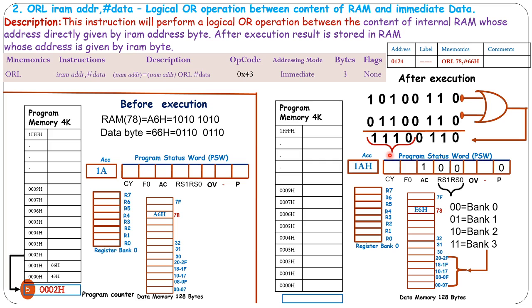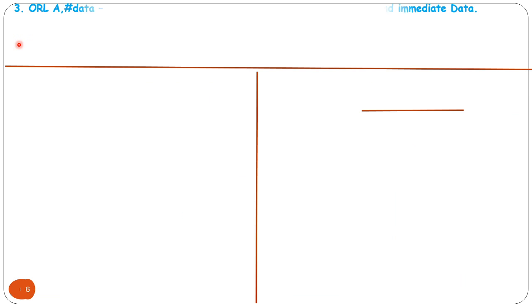So this gives us the hexadecimal number: for binary 1110 it is E, and 0110 is 6. So this number will be 6 and this will be E, stored in the random access memory whose address is given by 78H. In this way this instruction gets executed.